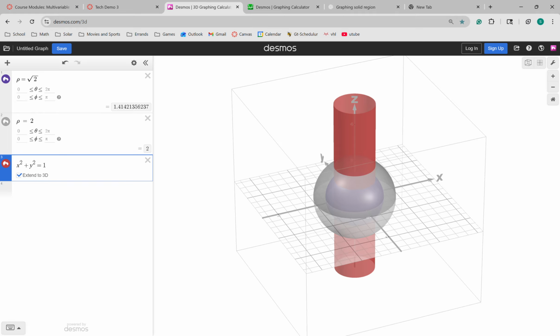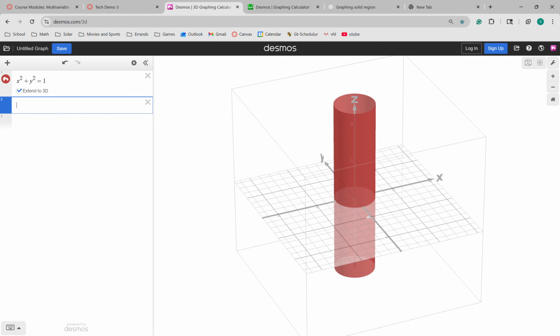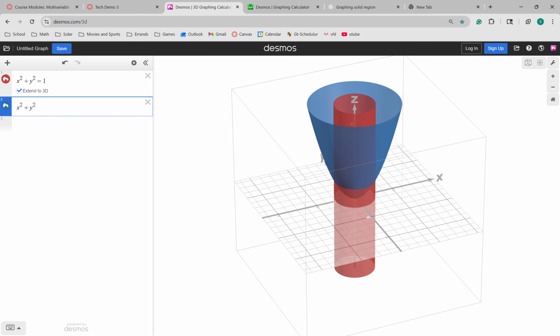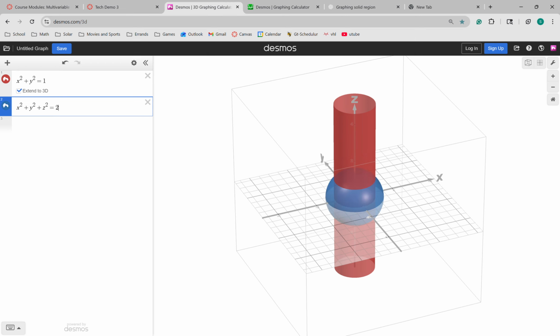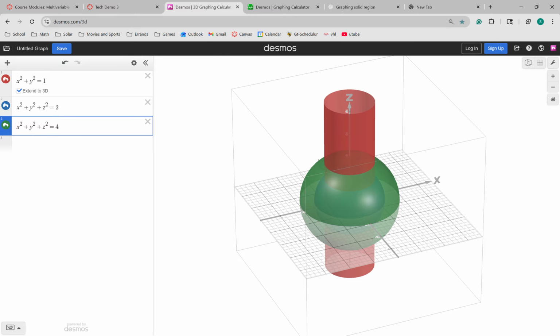The way we can do this is again by writing an inequality. First we will change the rhos to be in terms of x's and y's. So now we have our 2 spheres, and our region is again in between them and outside the cylinder.